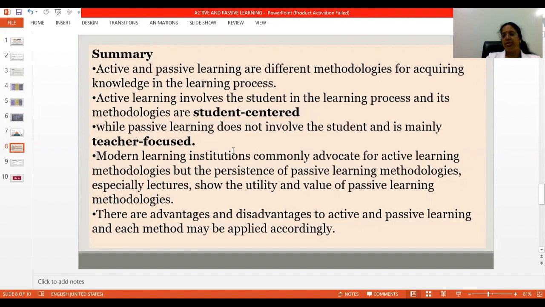Now, in the 21st century, modern learning advocates active learning methodologies, which involve more creativity, more understanding and more innovation. There are advantages and disadvantages in both active and passive learning. Both can be used perfectly if we understand each method and apply it according to the situation.